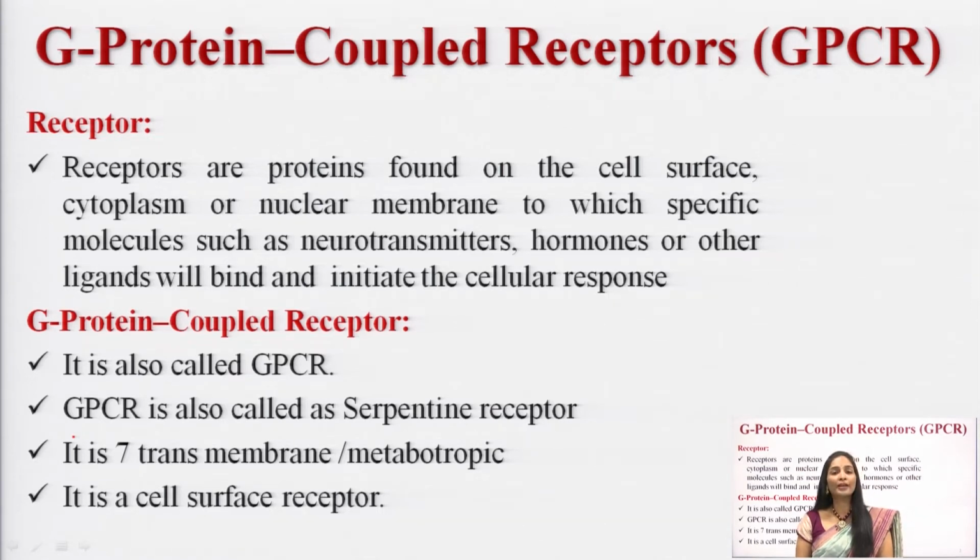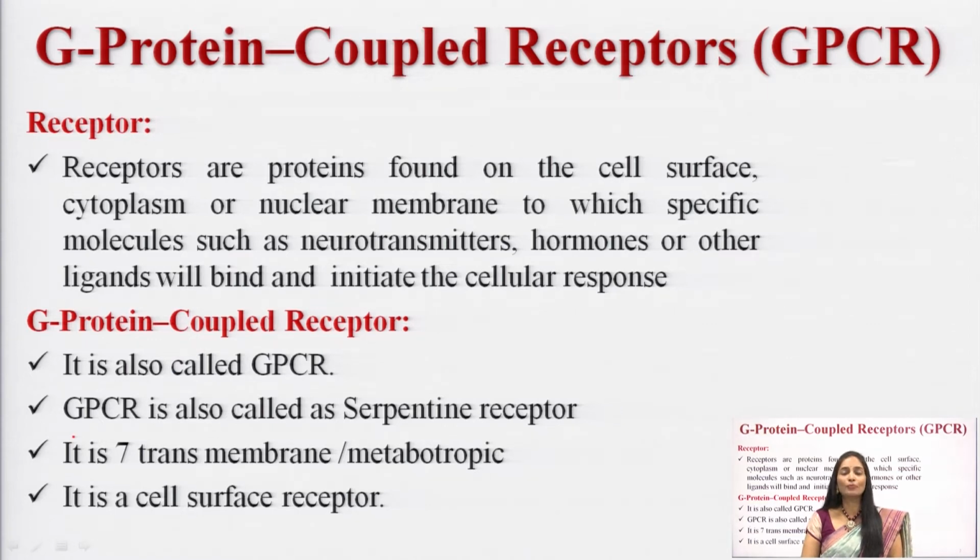Once the drug binds to its receptor, either on the surface or inside, some changes happen in the receptor, forming the drug receptor complex, which causes the physiological or pharmacological actions. The drug may be a neurotransmitter, a hormone, or any substance. When it binds to its receptor, it will show its action.